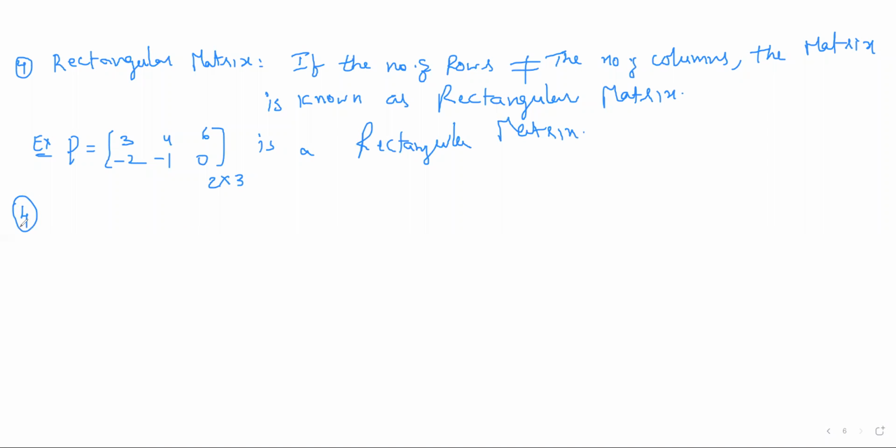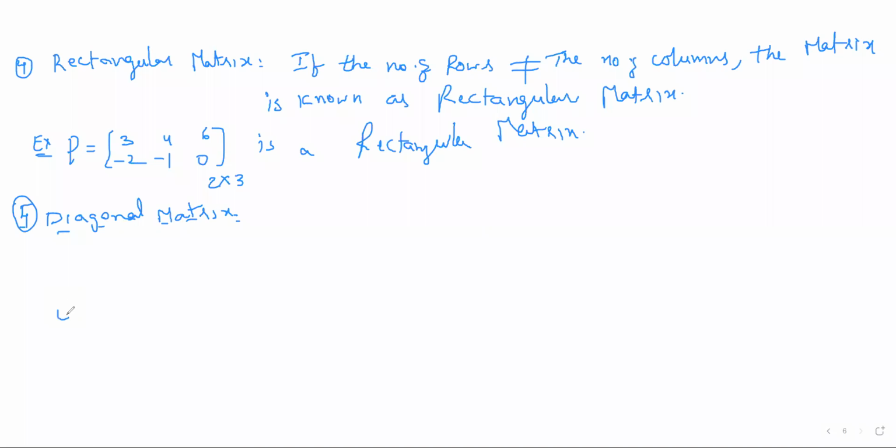Sorry, fifth one, diagonal matrix. What is a diagonal matrix? A square matrix, all of whose elements except those in the leading diagonal are zeros, is called a diagonal matrix.